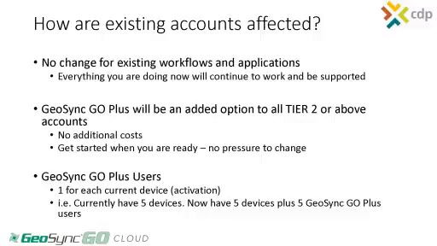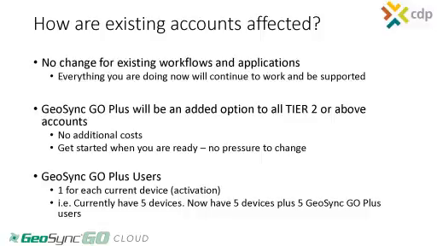We're going to look at some of the features. GeoSync Go Plus is now user-based. Activations are based on users instead of devices. We'll dig in a little more about what that means. But when your account gets updated, you'll have one GeoSync Go Plus user for each current device activation that you have, so you don't have to buy additional users.